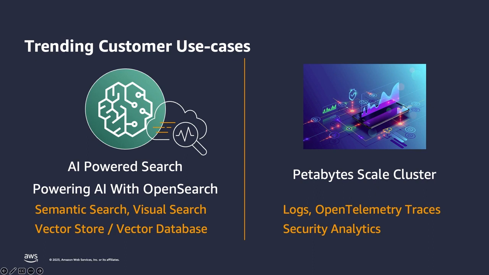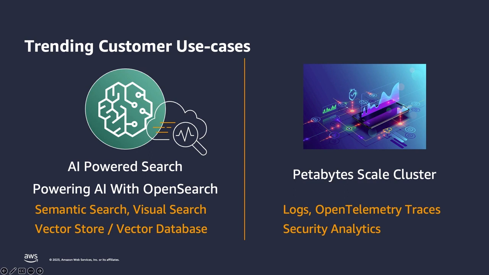The trending customer use cases from those two major use cases: the first one is AI-powered search, where your search can be done through semantic search or visual search, or custom ranking or custom scoring for your search results. And then we have powering AI with OpenSearch. This is also on the rise with the use of vector store or vector database, with projects like LlamaIndex and Haystack supporting OpenSearch as their vector store.